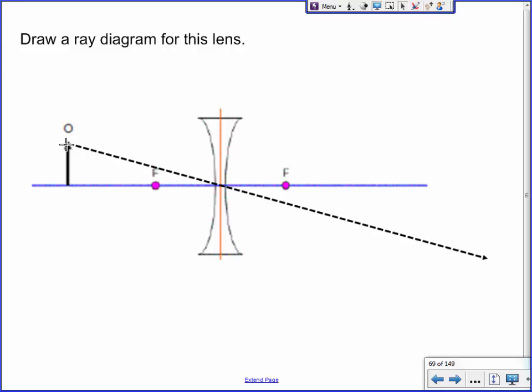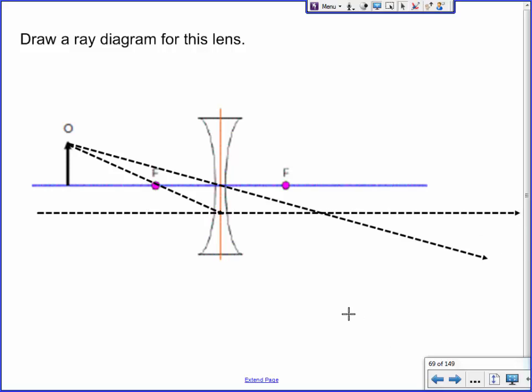Okay, then I'm going to run something through the focal point, and I'm going to run it right up until that center axis and then stop there. What happens here? It went through the focal point. It should now go parallel. Okay, so then parallel should make it go like that.